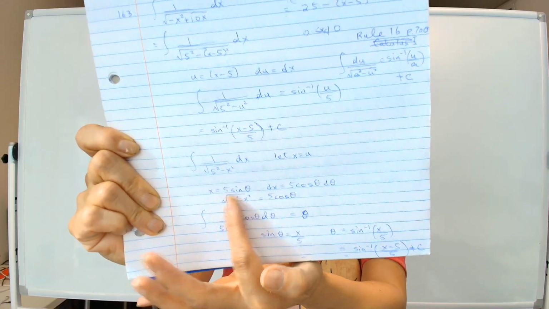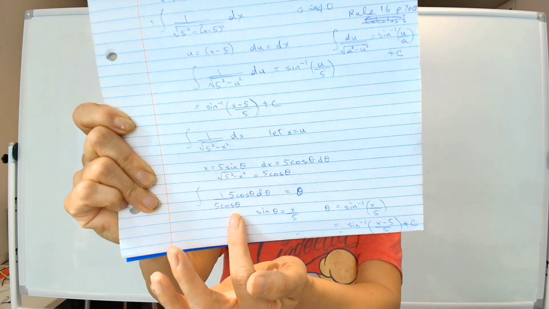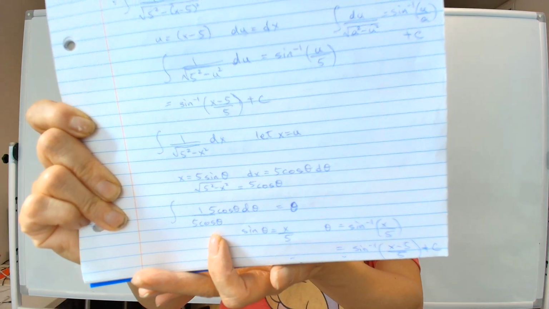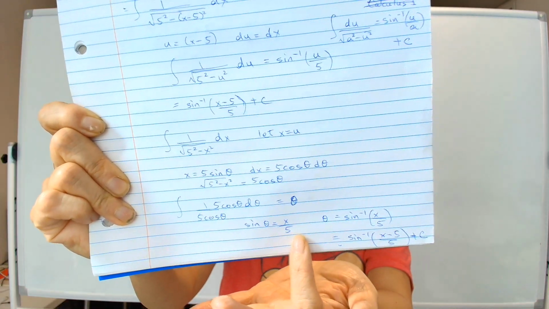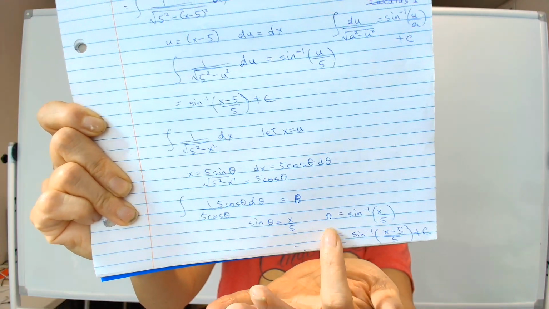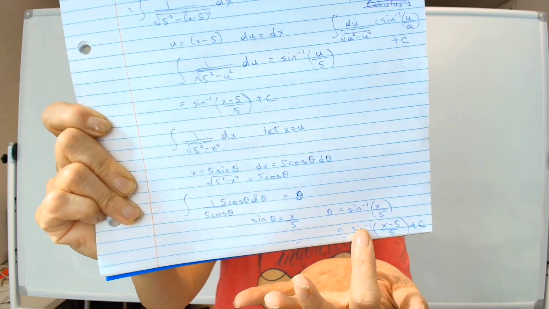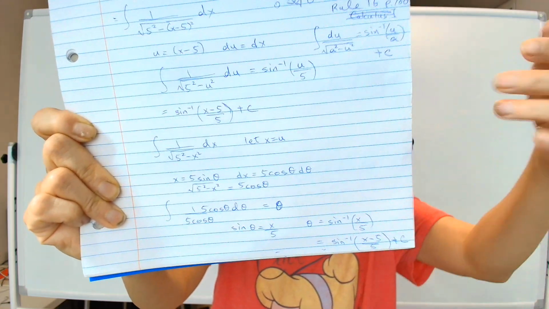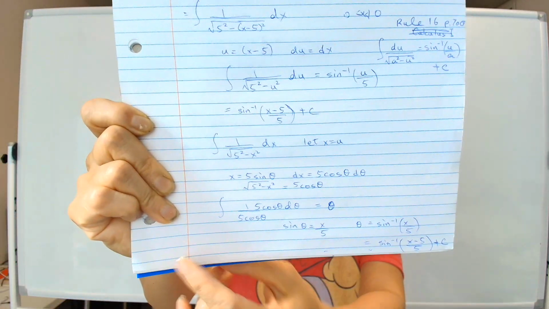So when you work through this standard stuff, you end up with this, right? The integral is just theta, which means theta is sine inverse of x over 5. What's x? x is u, where u is x minus 5. This is a different u, but you get my idea.